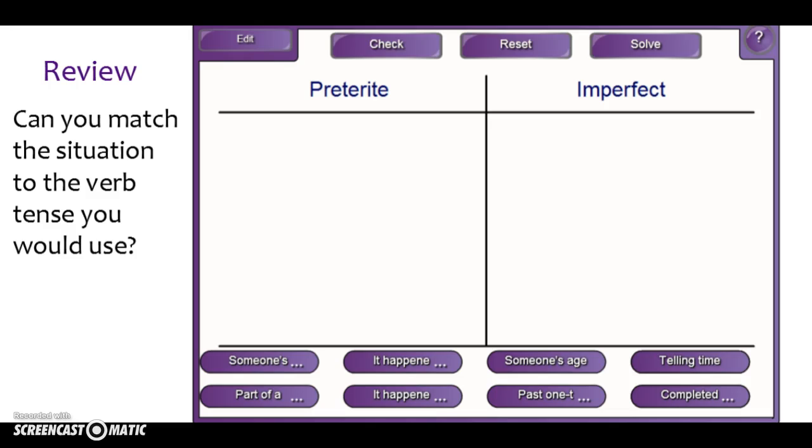So can you match the situation to the verb tense just between preterite and imperfect verb tenses? If we are talking about someone's mental state, usually the imperfect.